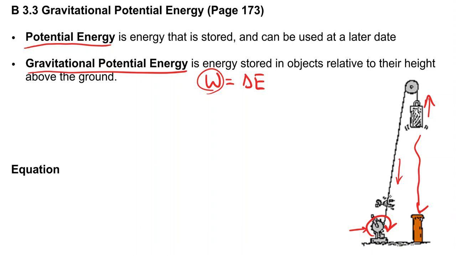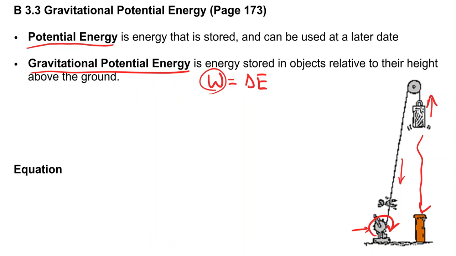And as long as the rope doesn't break, that energy is going to be stored there for as long as it gets stored there. As soon as we release it, as soon as it starts to fall, then it starts to unleash that energy, okay?